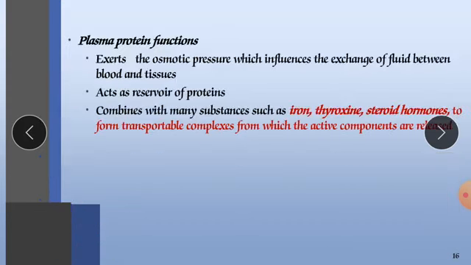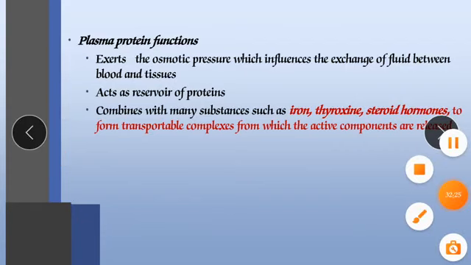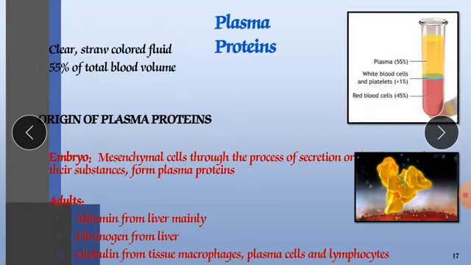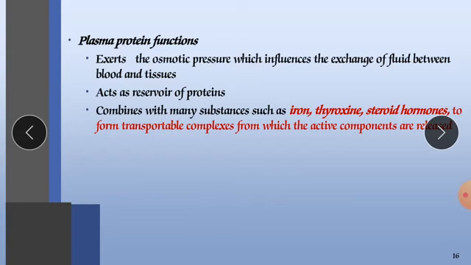So in this fashion, we have discussed the topic of composition of blood. In the next lecture, we will start from the topic plasma proteins. Up to this, we have covered. Again, I will recap the various things, for example the functions of blood. Blood has the functions of transportation of oxygen, carbon dioxide, nutrients, hormones, heat and waste.